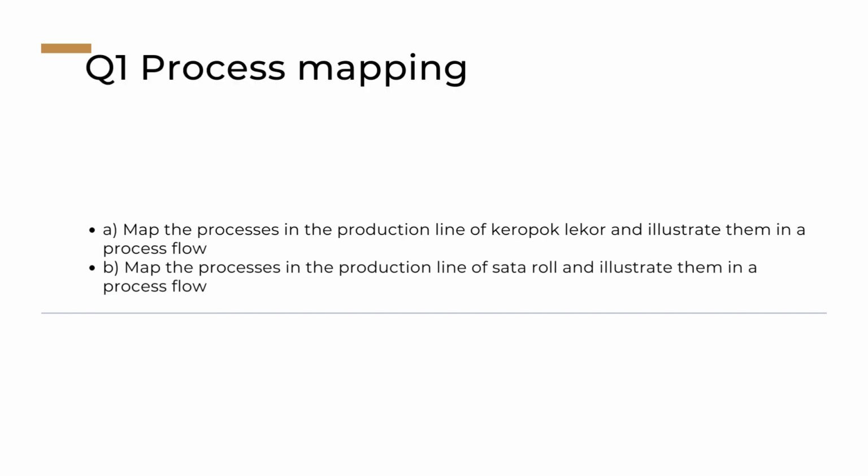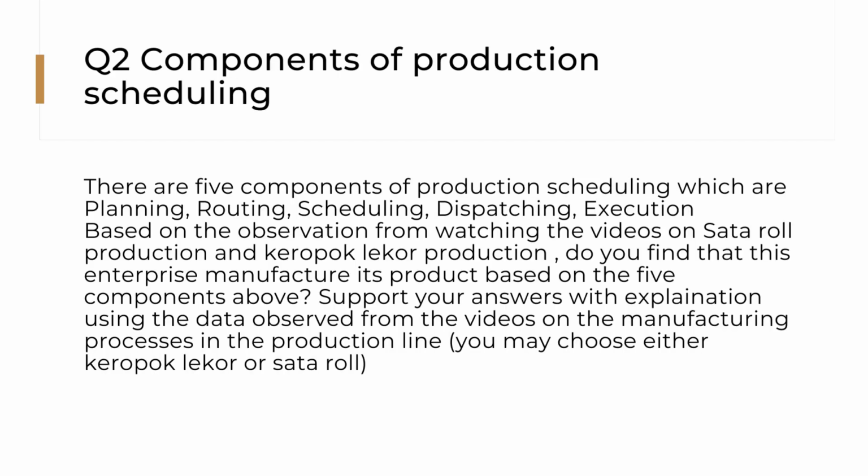After you have done that for the first question, the second question will be the components of production scheduling. Basically, we have 5 components of production scheduling, which are planning, routing, scheduling, dispatching, and execution.